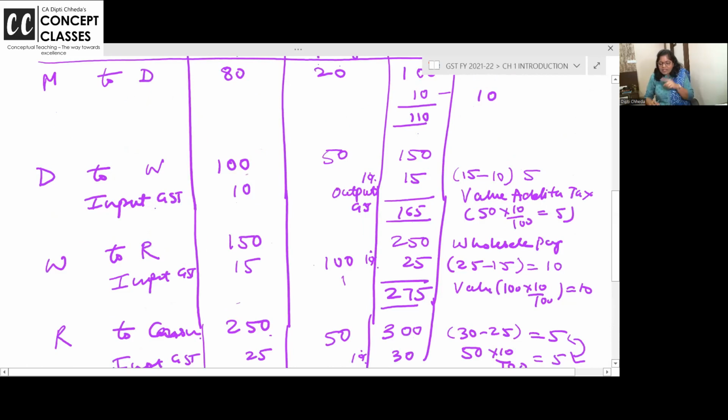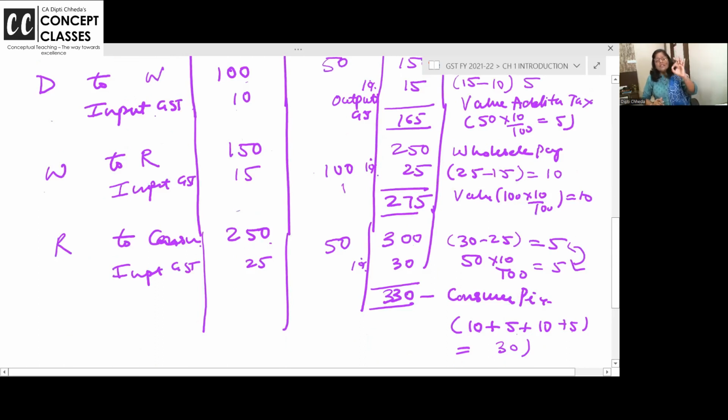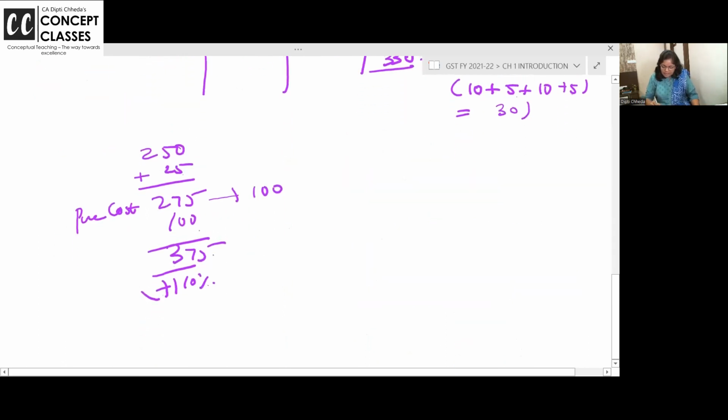If one unregistered person comes in the chain, manufacturer to distributor to wholesaler, wholesaler to retailer, the chain is broken. And when you charge 10% tax on 375, are you not charging tax on tax, which used to happen in the central sales tax or VAT or APGST, the Andhra Pradesh government VAT.